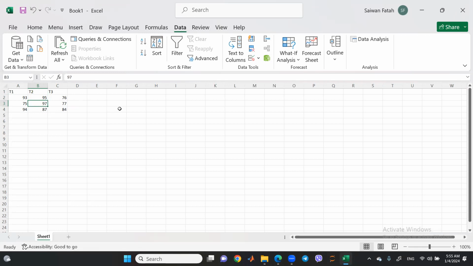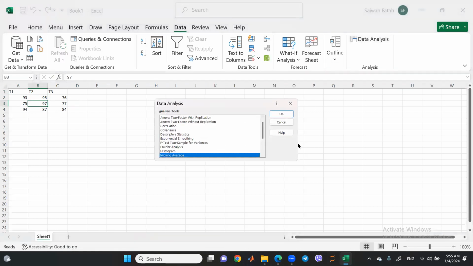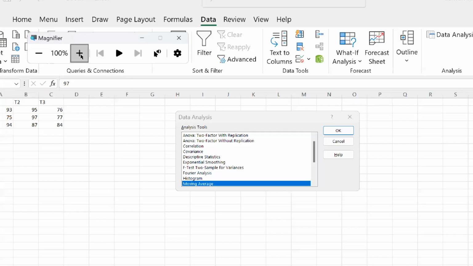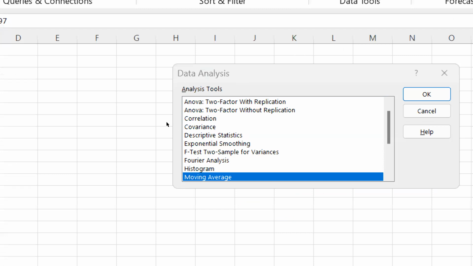Now, we click on Data Analysis. Once you click, let me show you. As you see, here we have Two-Factor. We don't need it.